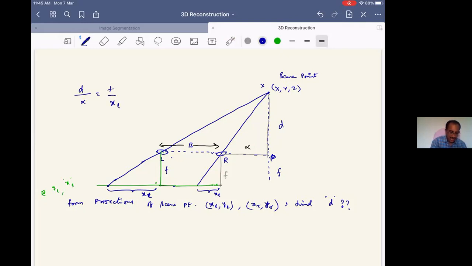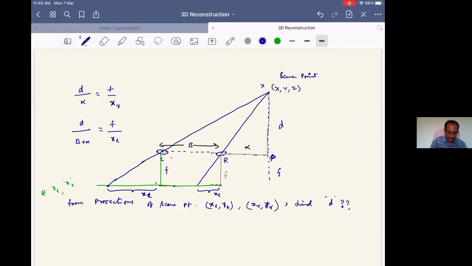I just use this side by this side is equal to this side by this side, considering the similar triangles having the same angle. Similarly, now I consider these two as similar triangles. Then what can we write? D by B plus alpha is equal to, what is it that we can write, F by XR.